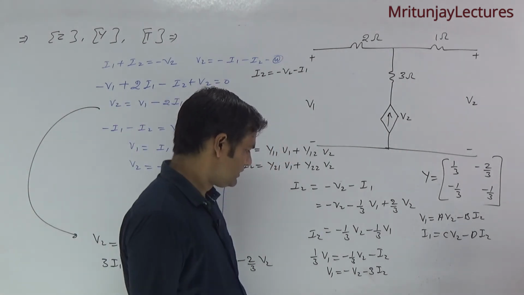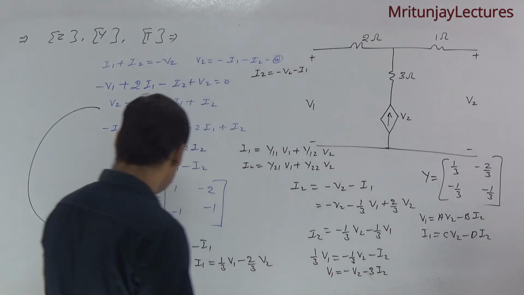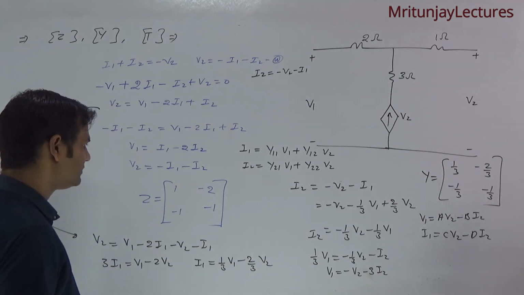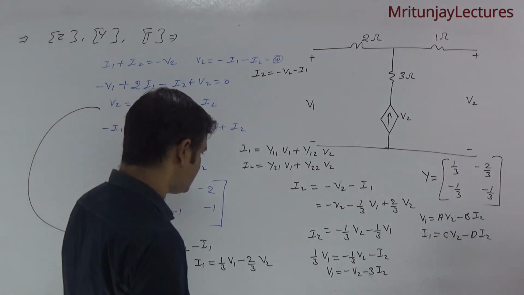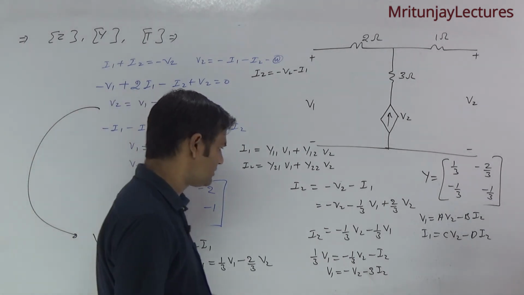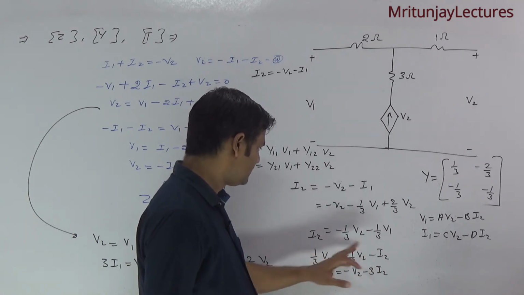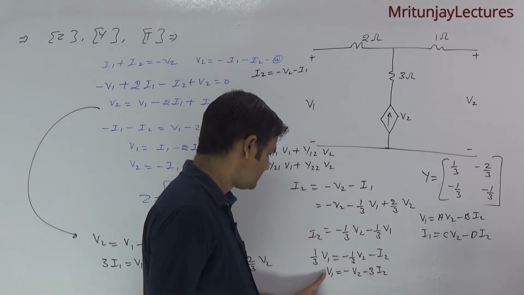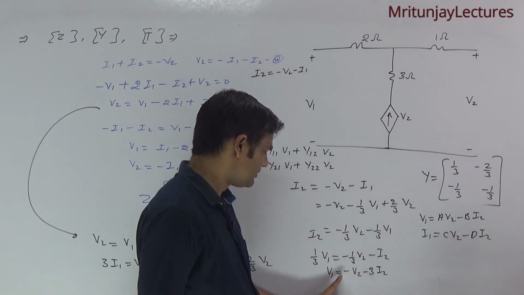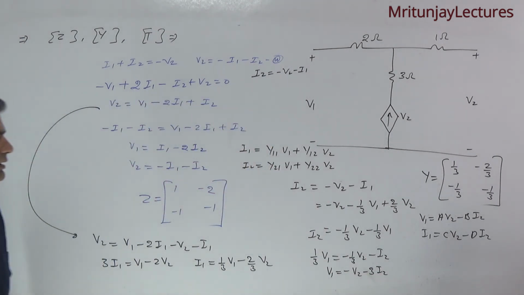Now V1, it is clear, 1 by 3 V1, so V1 this is equal to V2 minus 3 I2. Clear?